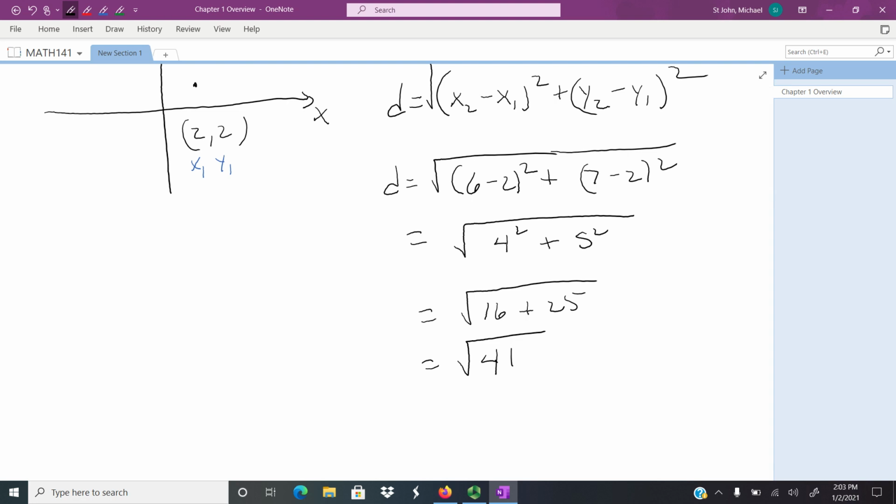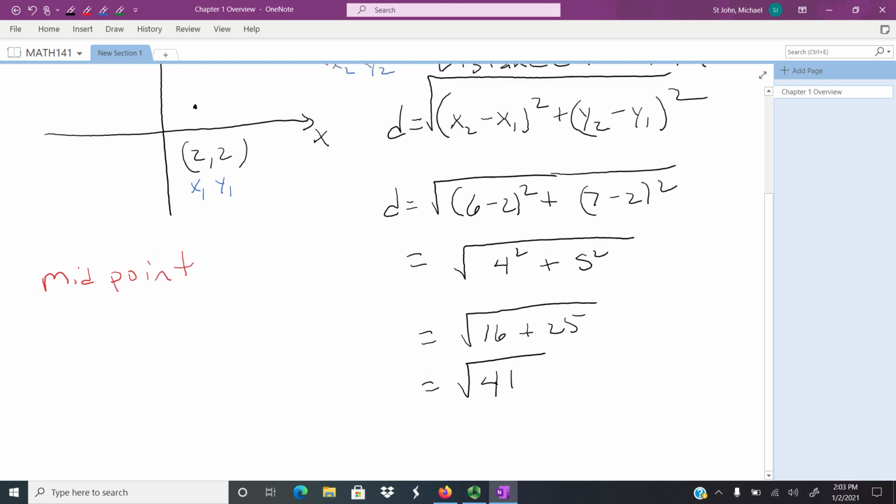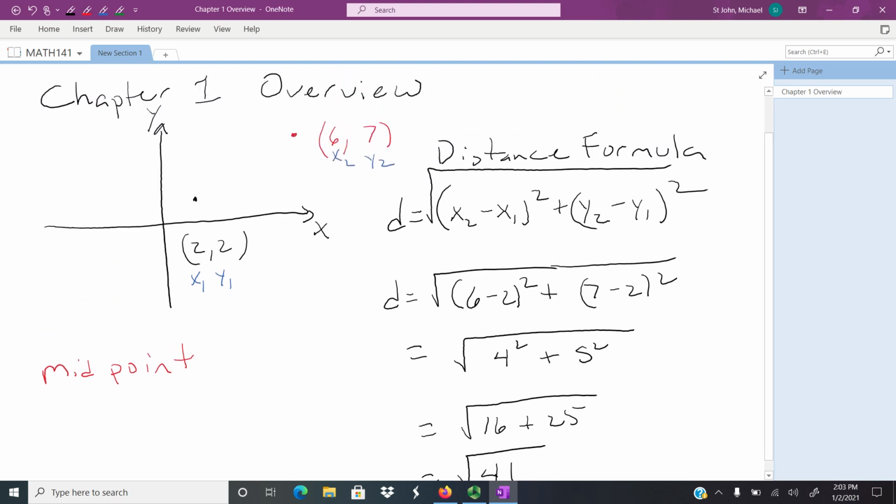Well, the other thing we can also find out is where the midpoint is. If I think now in terms of having a segment that connects these 2 points, I want to know what the coordinates of this point right there would be, in the middle of those 2.